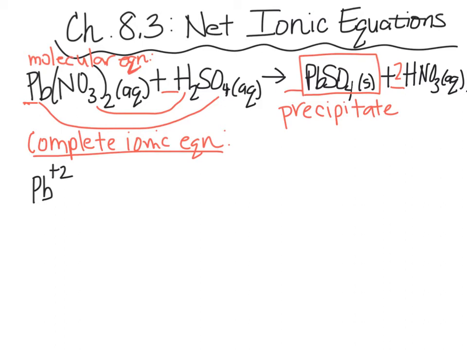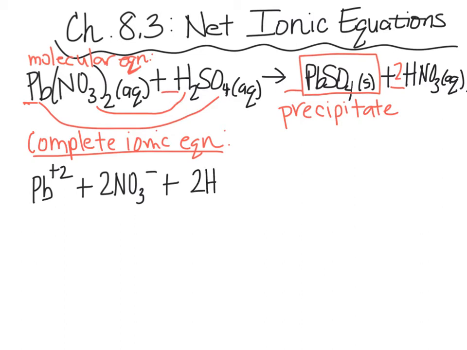That separates. And then watch what I do with this 2 that's on the outside of the parentheses. I'm going to move this 2 to the front so it's a coefficient. So it looks like this. And then nitrate has a -1 charge. Okay? All right, and then we go to the next one. There are 2 H's. Once again, bring this 2 to the front so it's a coefficient.